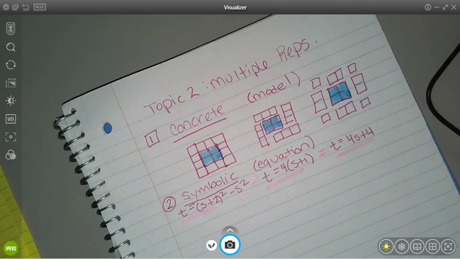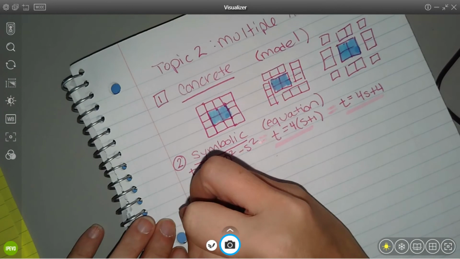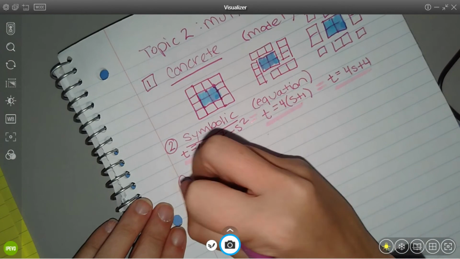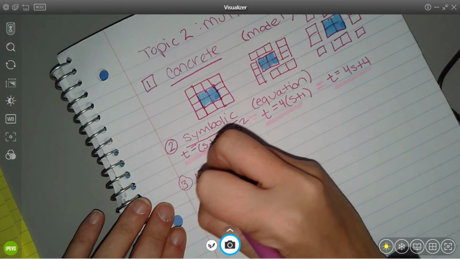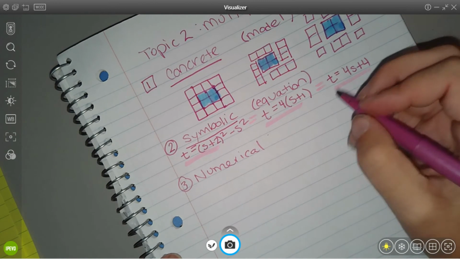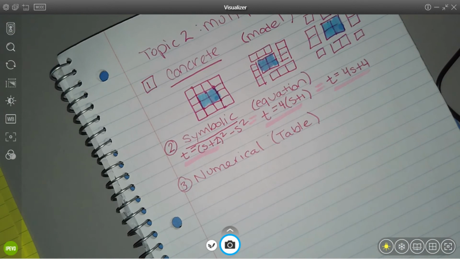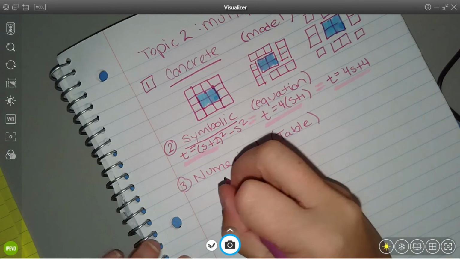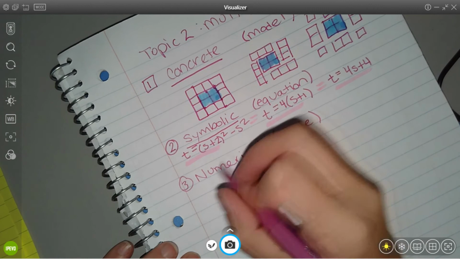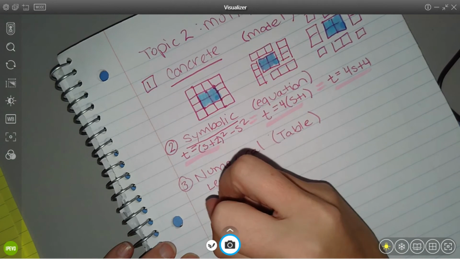Okay. The third way to represent these situations is what we call a numerical representation. And that, again, is a fancy way of saying a table. So again, going with this model, my example of that was we had the length in feet.